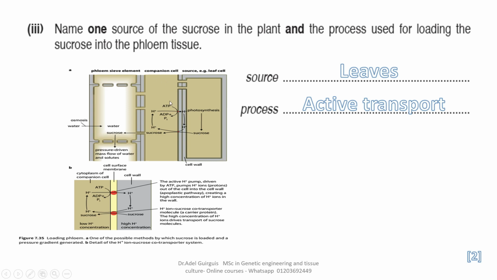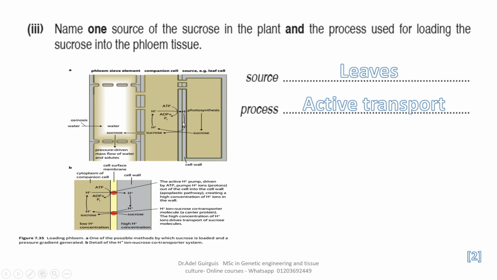Companion cells pump protons to the wall. Acidified wall, okay, by pumping protons towards the wall, it uses ATP. It uses energy from the hydrolysis of ATP needed for pumping protons to the wall.